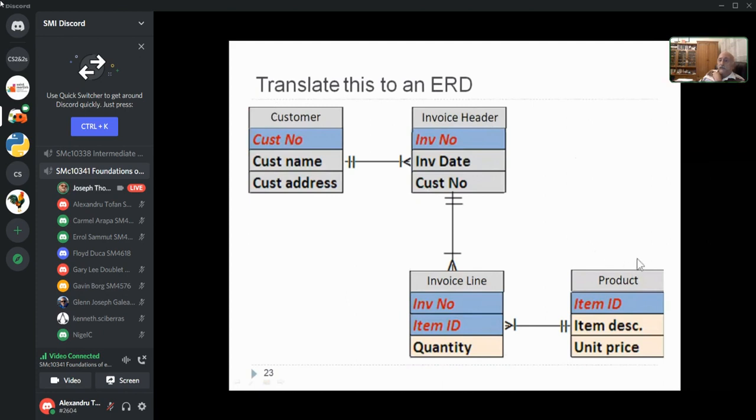We have customer, and with the ERD we had stock there, which is the same thing. And you can see right there the cardinality and modality. So you see how the ERD and normalization link together.